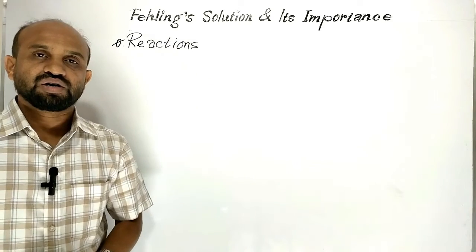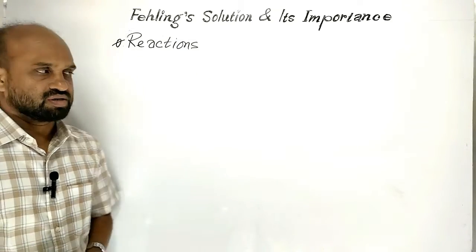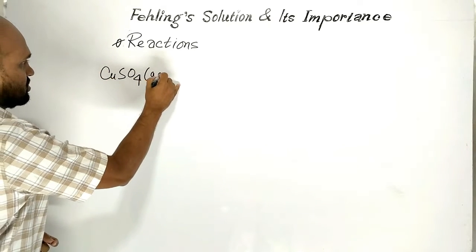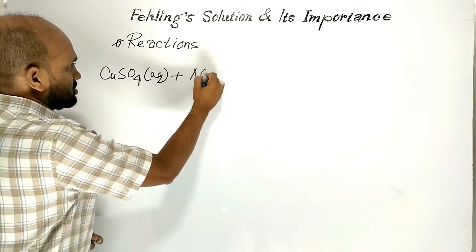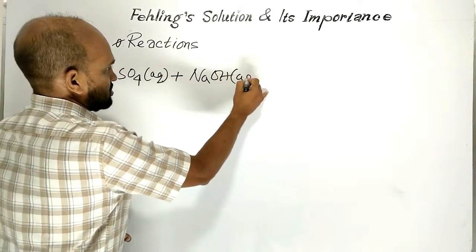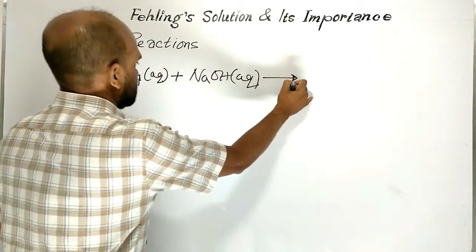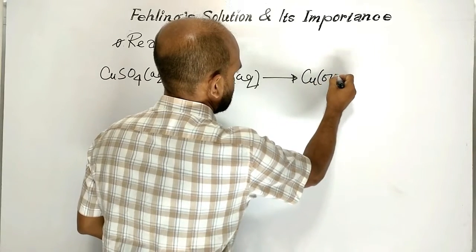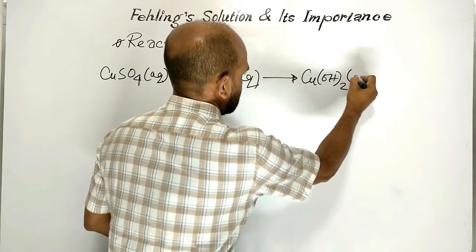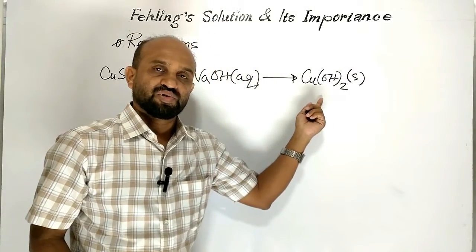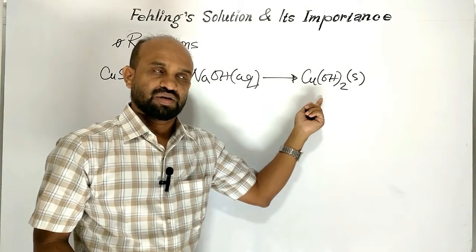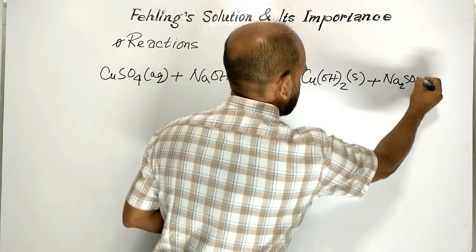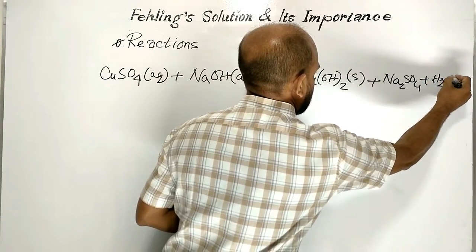Reactions that occur in the Fehling solution. Let's see. Copper sulfate reacts with sodium hydroxide first. Then copper hydroxide is formed, which deposits as precipitate, and other compounds are sodium sulfate and water.